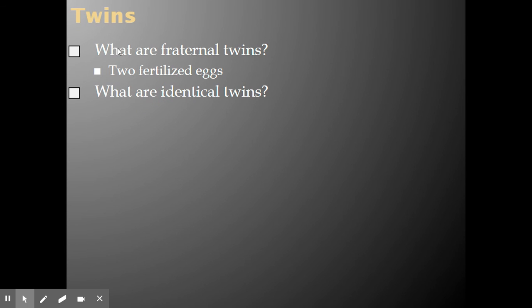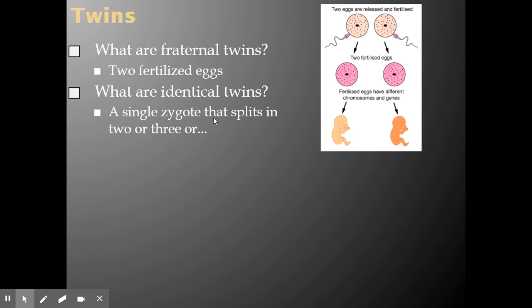Whereas that's fraternal twins. Then there's identical twins. And this is when we have a single zygote, a single fertilized egg that splits into two or three or more different beings.